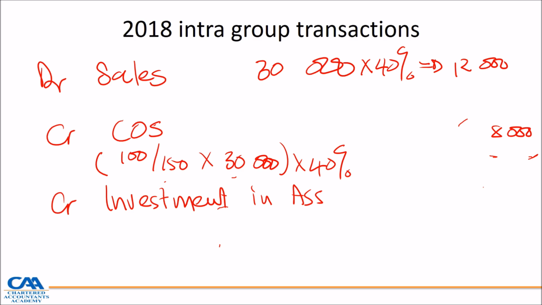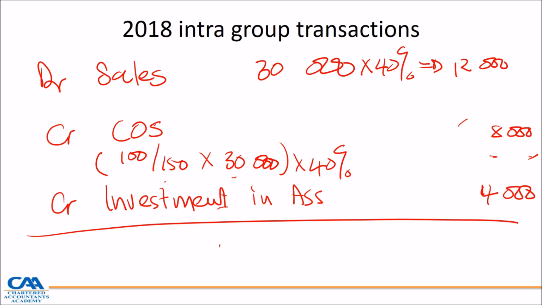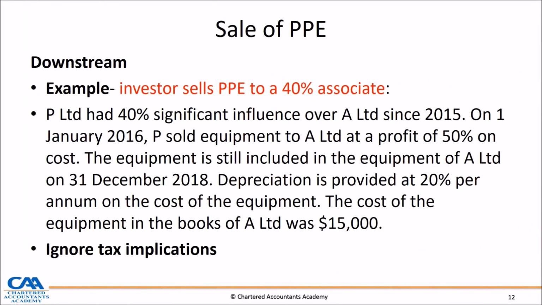Therefore, we have the remaining figure of 4K, which is reducing our investment in associate. When you get to 2019, you then do the reversal when the inventory becomes sold. So those are the journal entries related to your intra-group transactions when you sell some inventory.